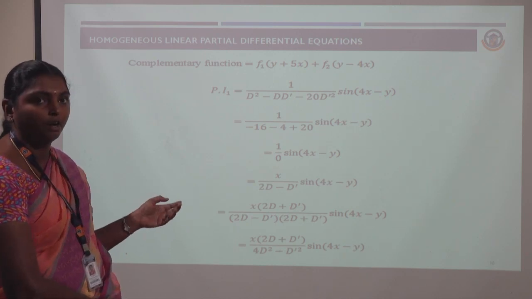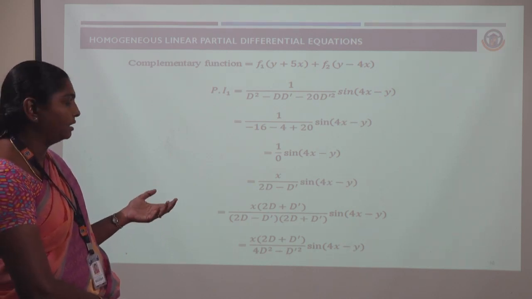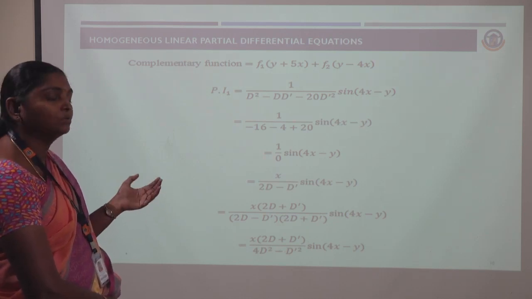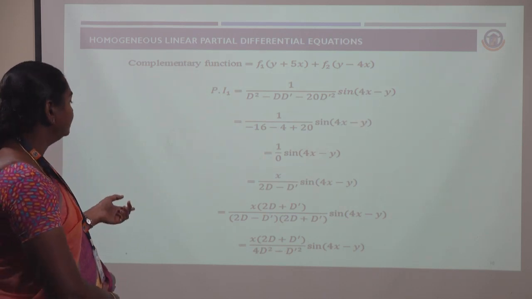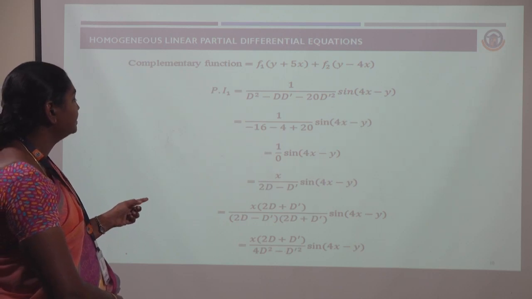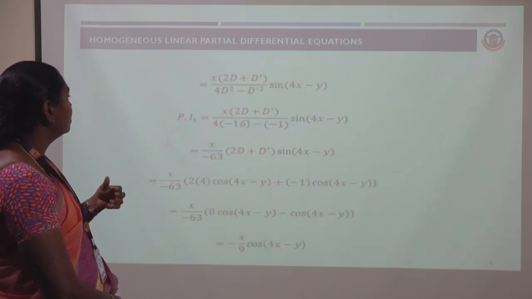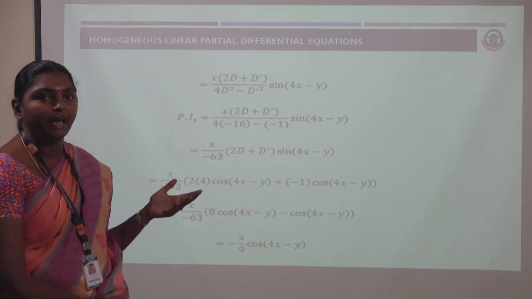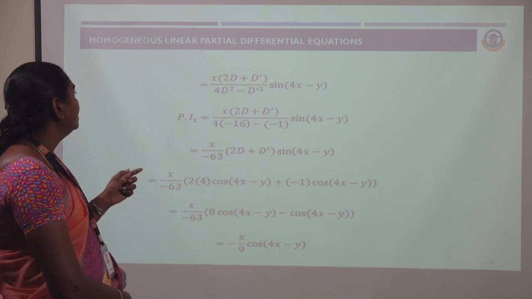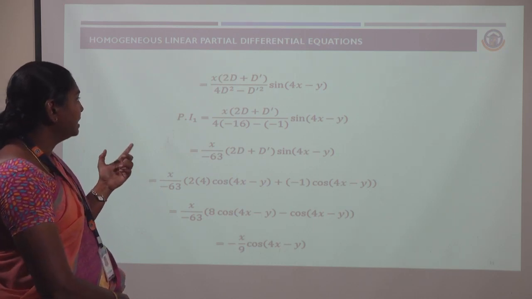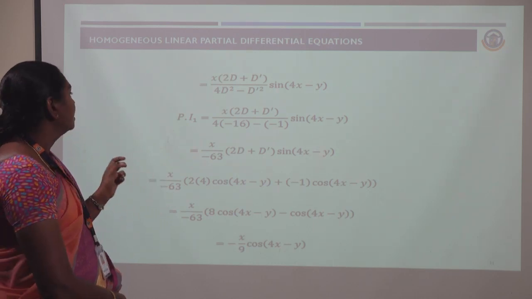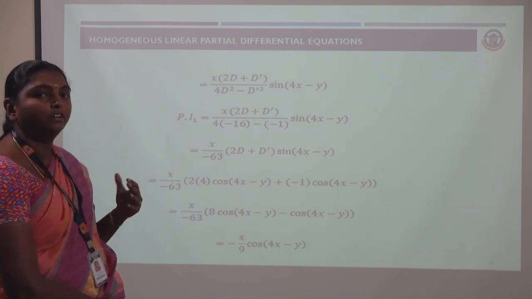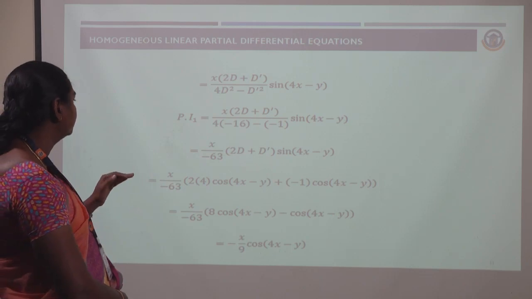This is of the form a minus b into a plus b, which is equal to a square minus b square. So we get 4D square minus D dash square. Then we can directly substitute 16 instead of D square and minus 1 instead of D dash square. We get the value in the denominator as minus 63. So we get the numeric value, and we can stop up to this.